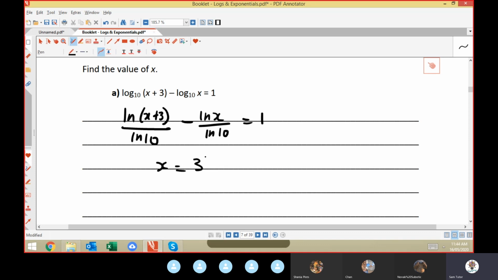I don't know. Can anyone else confirm? I got 1/3. 1/3. Let's see that one. 3 plus a third, divided by that. I think I like 1/3 more.